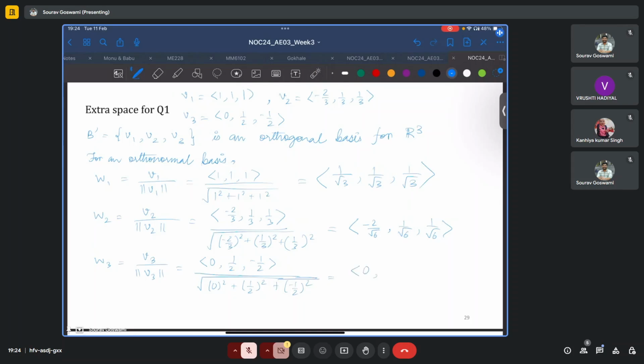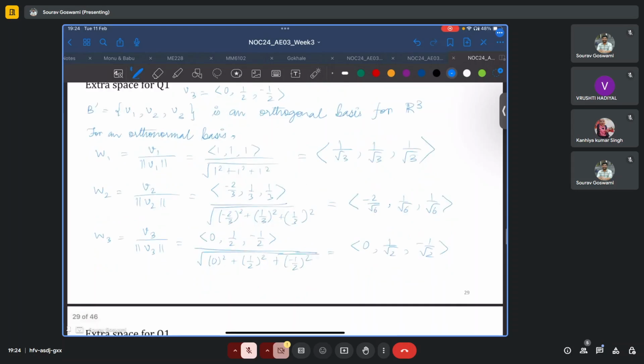So this becomes 0, 1 by root 2, minus 1 by root 2. And now we can say that E equals W1, W2, W3, right? And it is an orthonormal basis of R3.